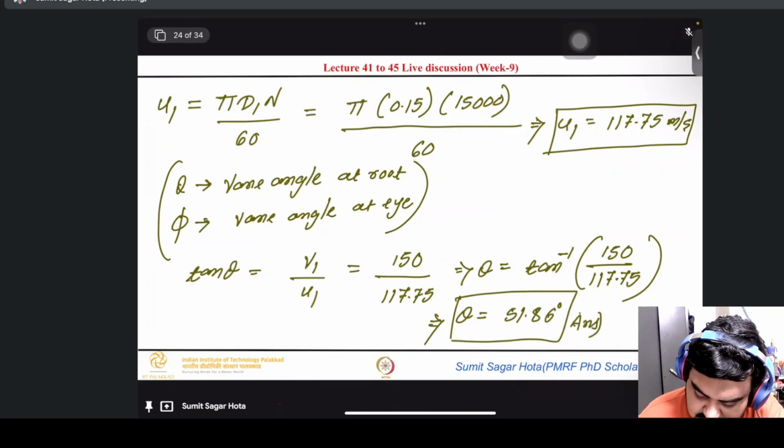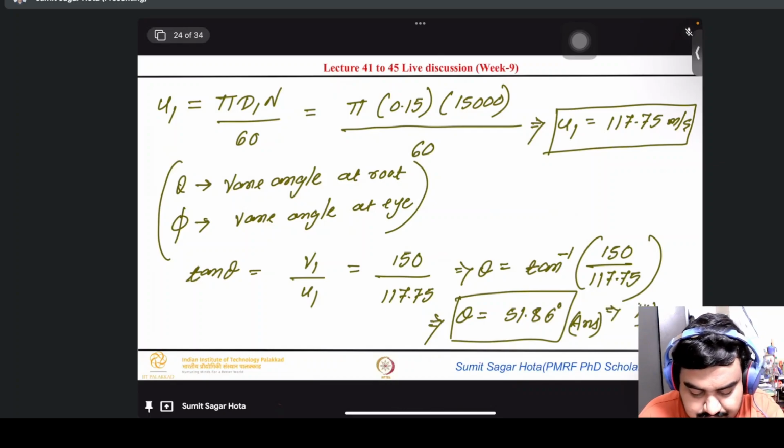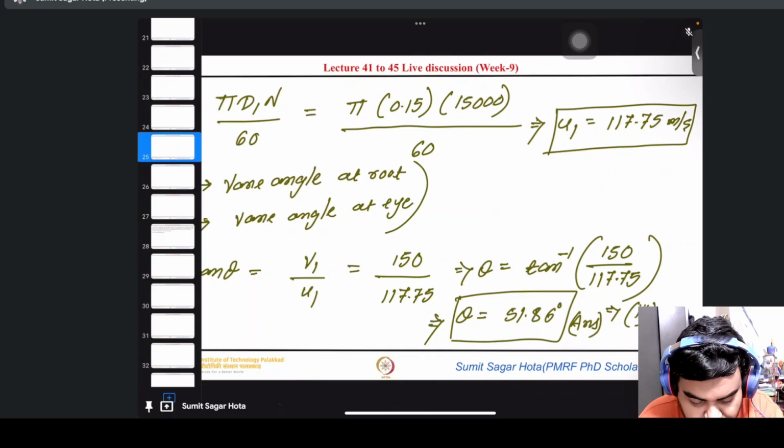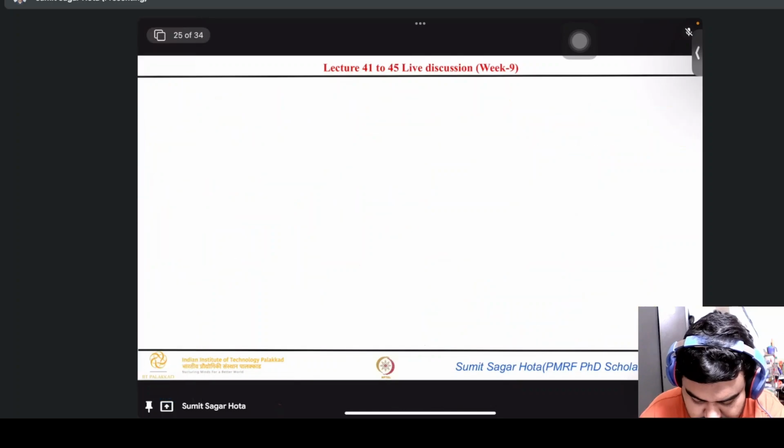Okay, now the third bit. So now find out the phi s. Phi s is equal to VW2 by U2.